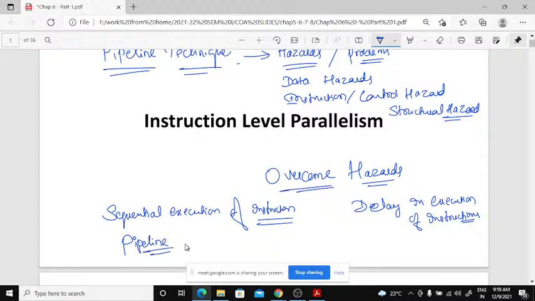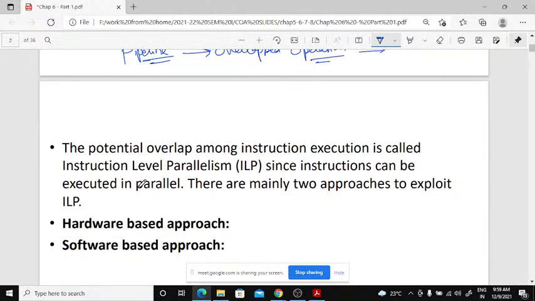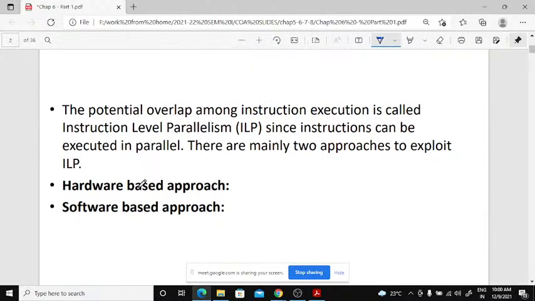In a pipeline there is overlapped operation, so at a particular time it handles multiple instruction executions at the same time.